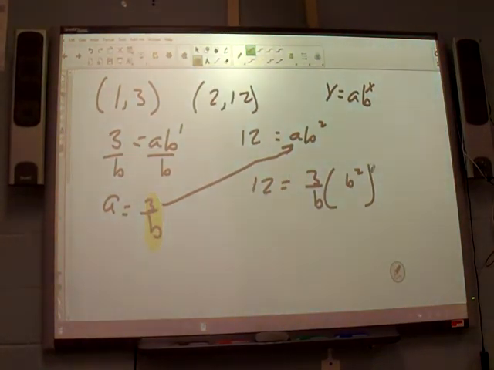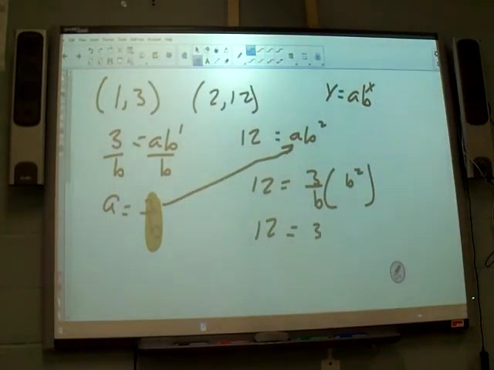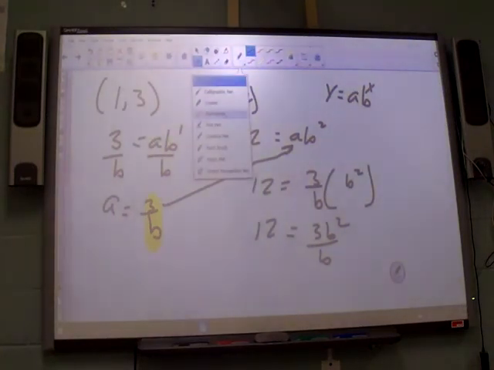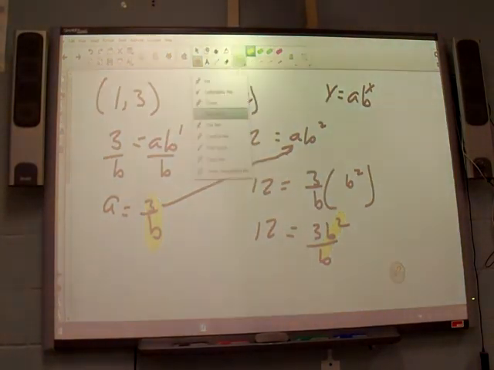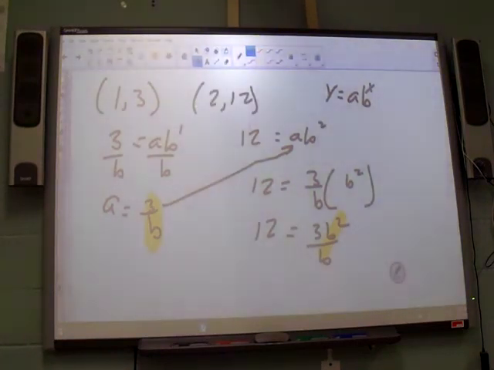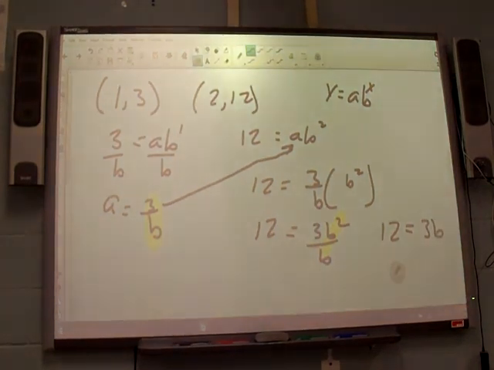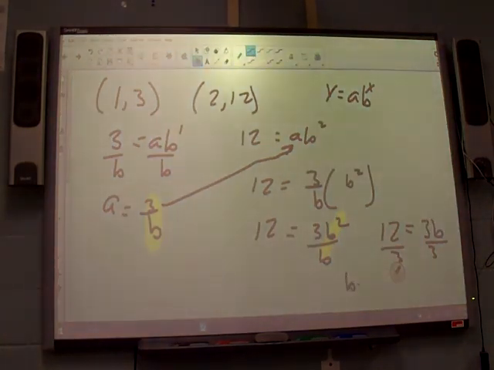If you need to, write this as 3B squared over B, so that you can see your B squared and B and do some reducing. B squared over B reduces to just B, so 3B. Then your last step, divide by 3, and you got a B of 4.